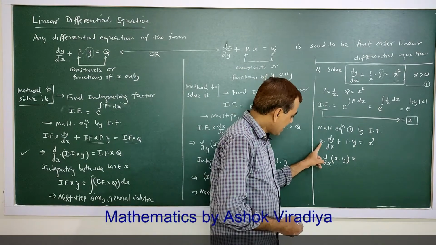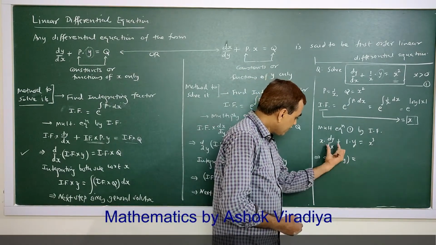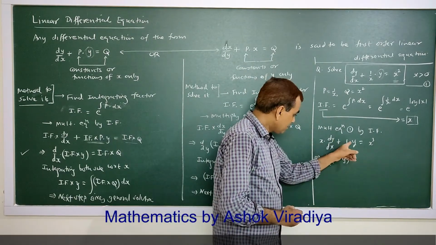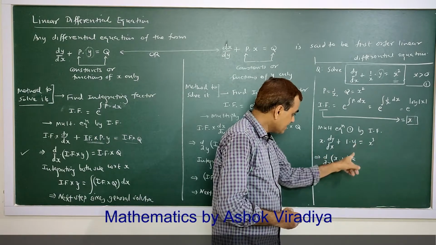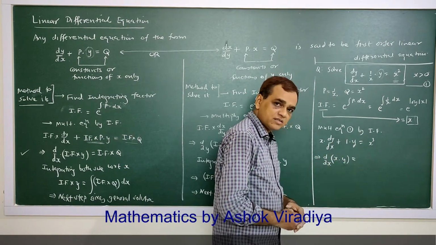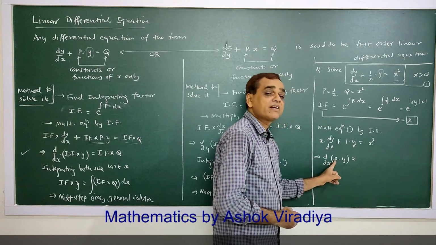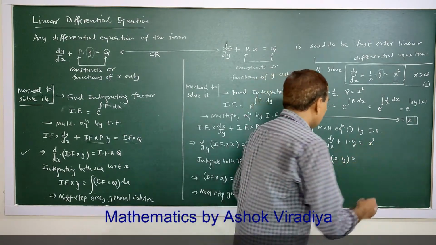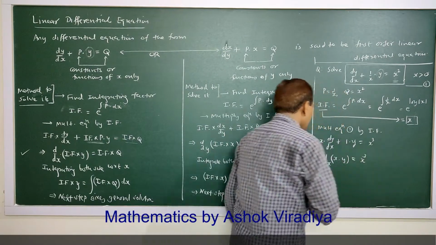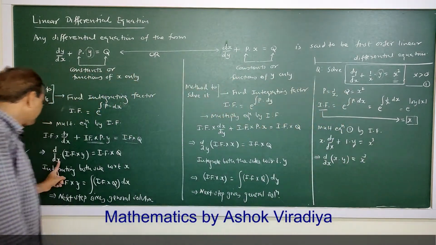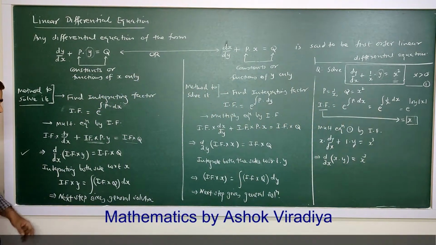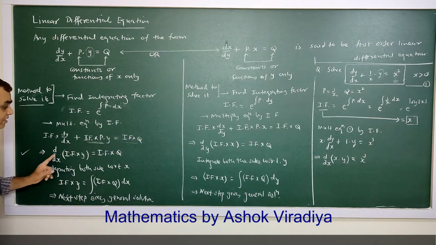See, x into derivative of y is dy by dx plus y as it is, and derivative of x is 1. So what is it? It is d by dx of integrating factor into y. It is equal to x cube. So that is the next step. I have written this step.